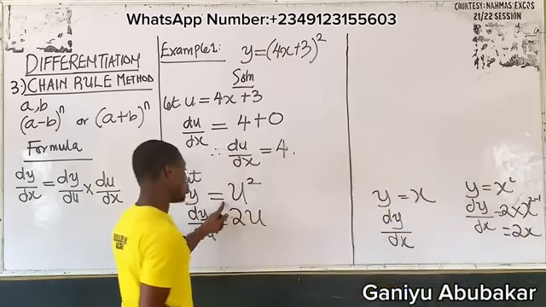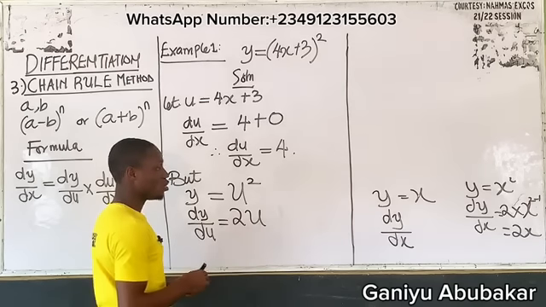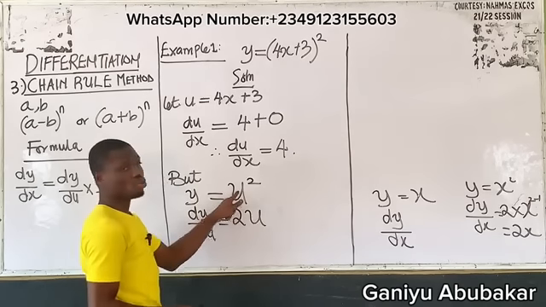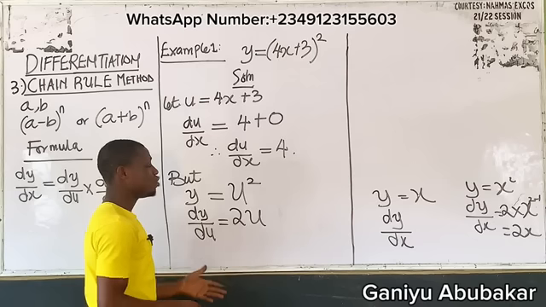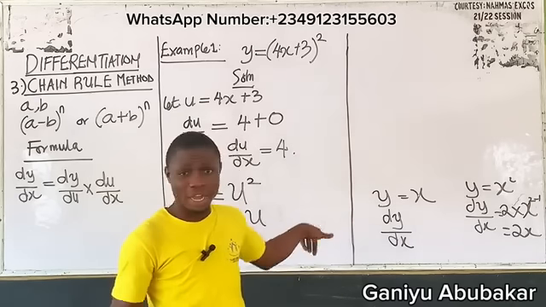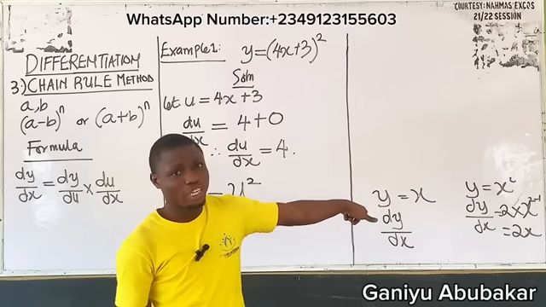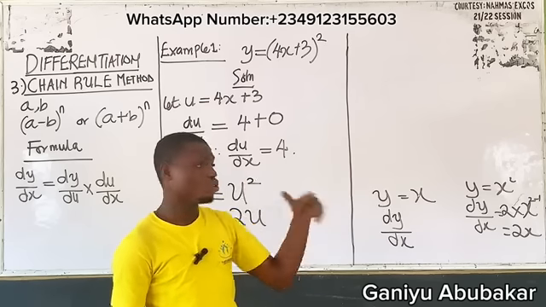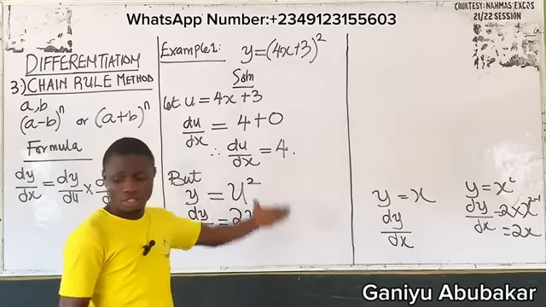So it's similar to this too. I have 2u in this case, not 2x. By the way, if you watched our previous classes on general method, you should know how to do this now. I can't just start explaining general method at this point. Go and watch the general method so you understand how we differentiate something of this nature.